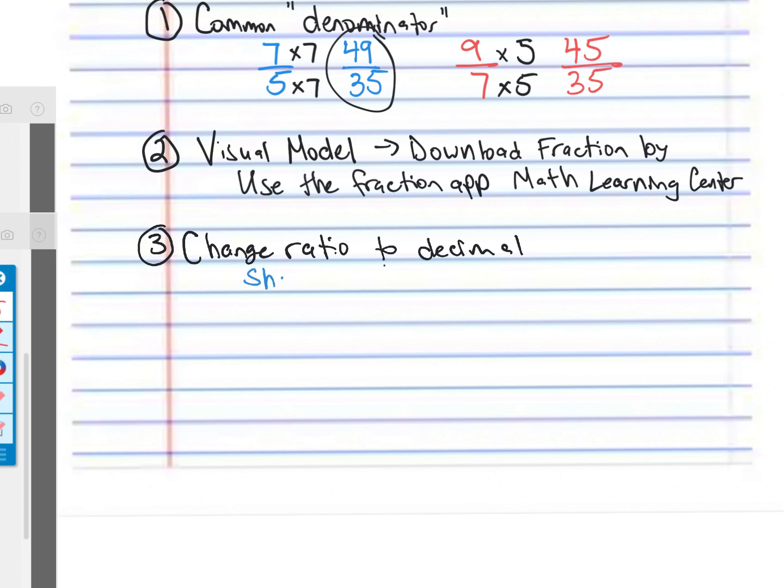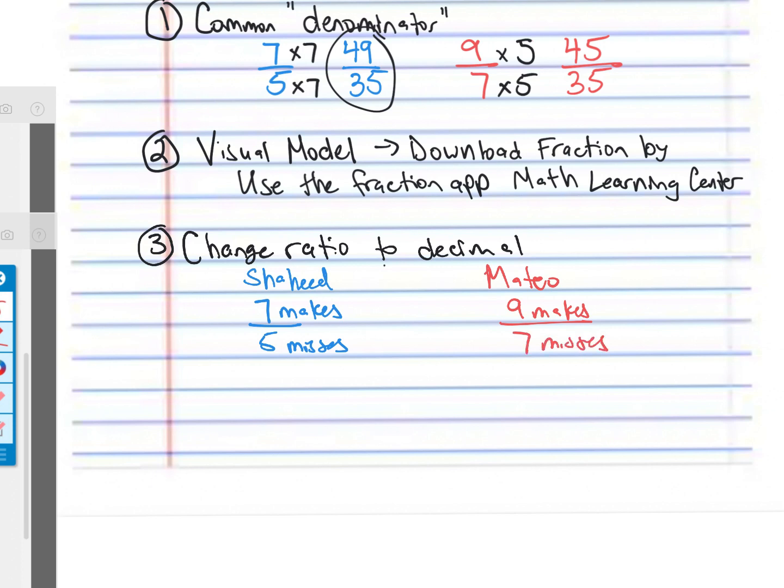So if we're looking at Shahid, Shahid had 7 makes, once again focusing on that makes first, to 5 misses. And Mateo had 9 makes to 7 misses.